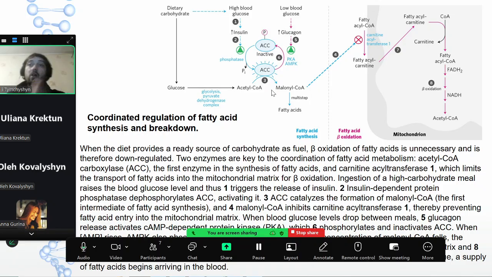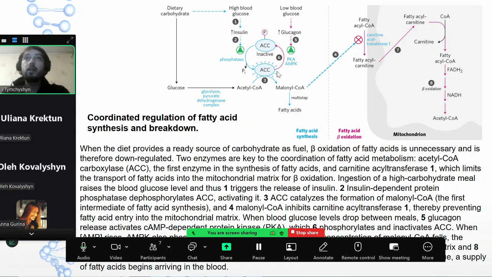And carnitine acyltransferase. So we have yesterday considered the carnitine shuttle, and that's the enzyme from that shuttle, and I told you that it's tightly regulated, and that's one of the points of regulation, especially for these sort of pathways.